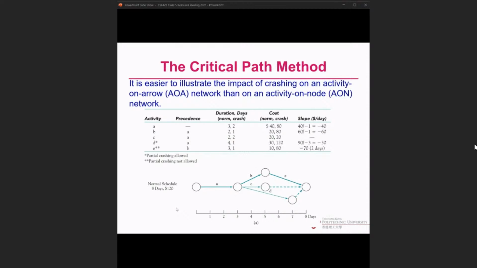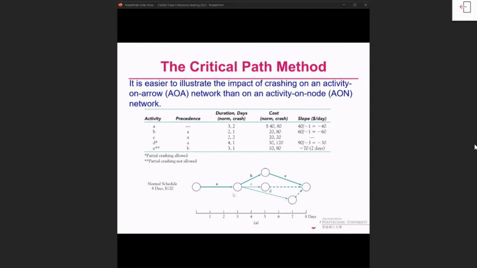We need 8 days and also the sum of the cost. The sum of the cost is actually just the sum of the normal costs, like 40 for activity A, 20 for activity B, 20 for activity C, 30 for activity D, and 10 for activity E. So the sum of them is 120. This is the normal cost for the whole project. Okay, so this is the normal cost.